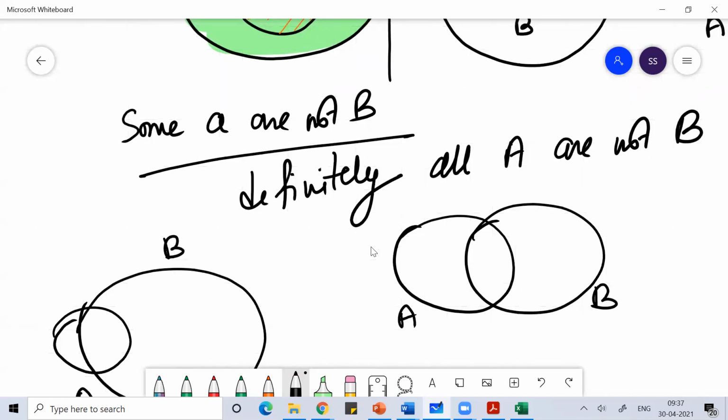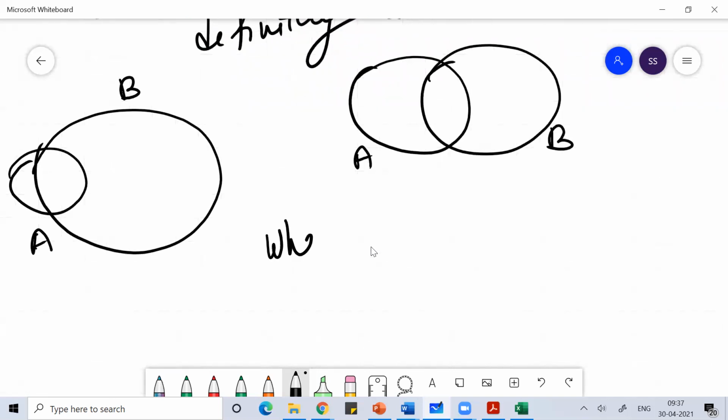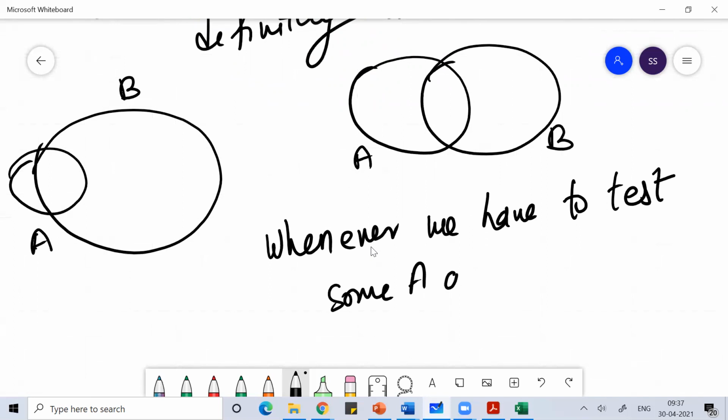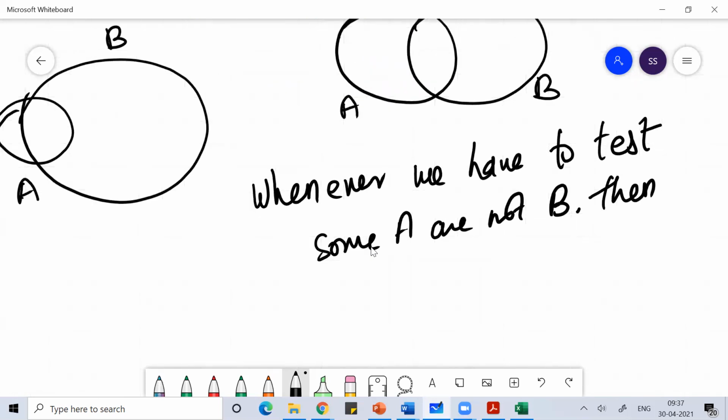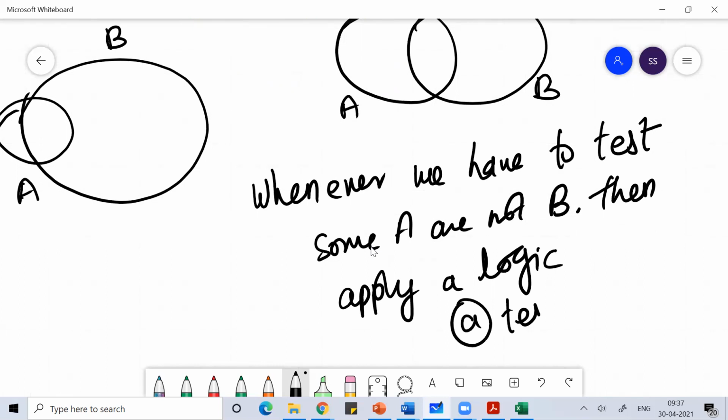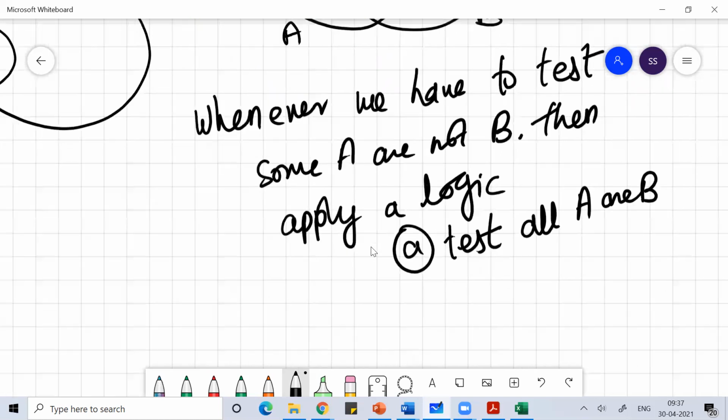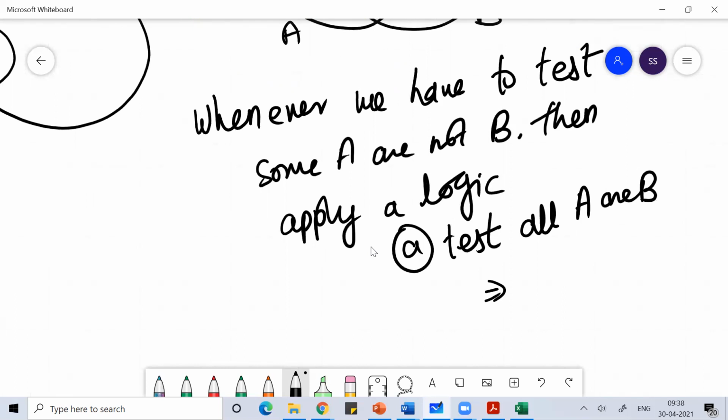Whenever we do a problem with a statement like "some A are not B", that is a little bit confusing. Remember, whenever we have to test "some A are not B", apply logic: test "all A are B".